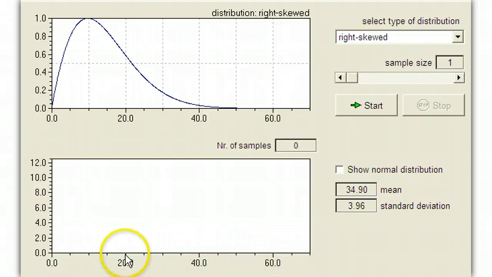So if 20 occurs as the average of my sample, I'm going to increase the number of times 20 occurred with a histogram bar down here, and we're going to repeatedly sample over and over and over. This is recording the number of samples that we've taken. We're going to see how many times a certain average of the samples occurred. That's what we're keeping track of down here.